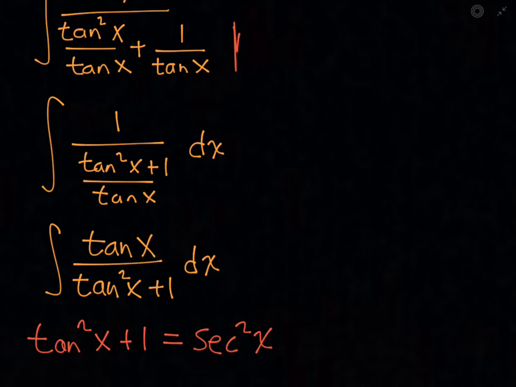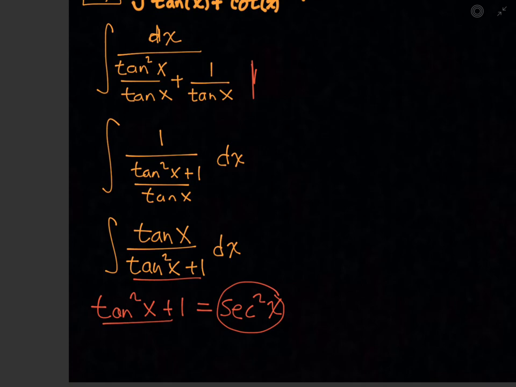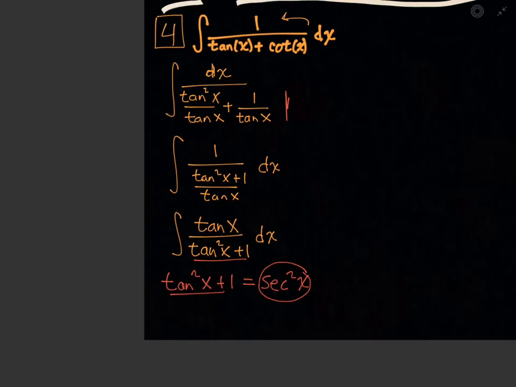So we're going to substitute this in for secant squared. Remember, secant squared is 1 over cosine squared. We know it's going to be in the denominator, but I'm getting ahead of myself. So let's rewrite the whole problem.